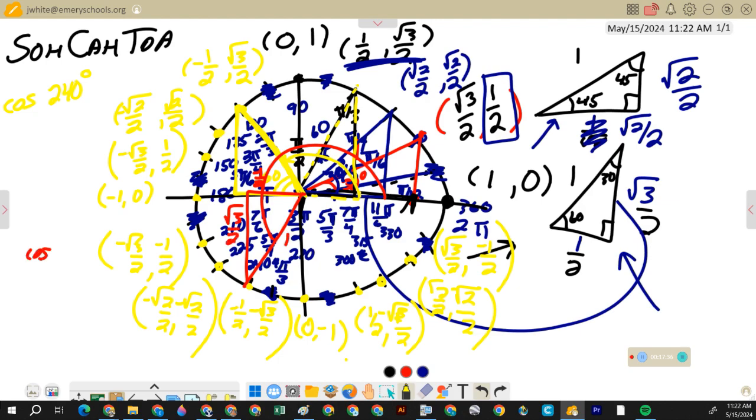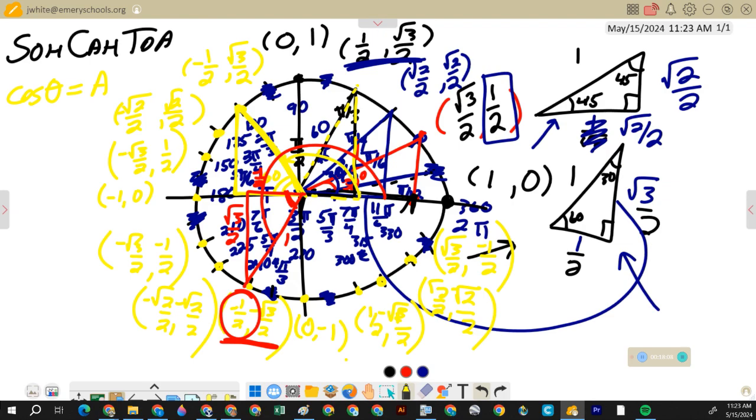And cosine is A over H. But H is 1, so cosine is just the A value. Which one of these is the A value? So here's my angle. Which one is adjacent? Negative 1/2. So in the unit circle, cosine of theta is always the adjacent side.